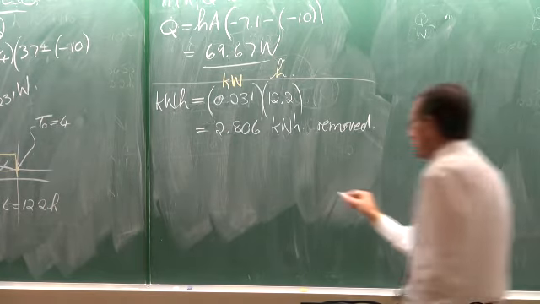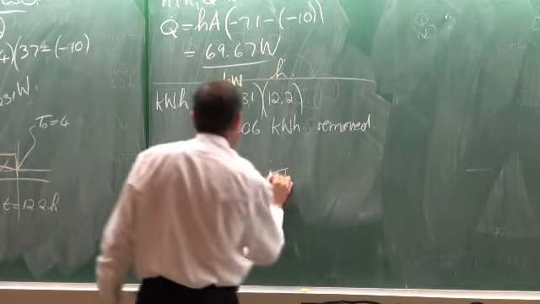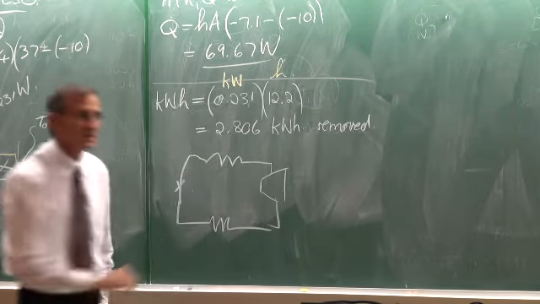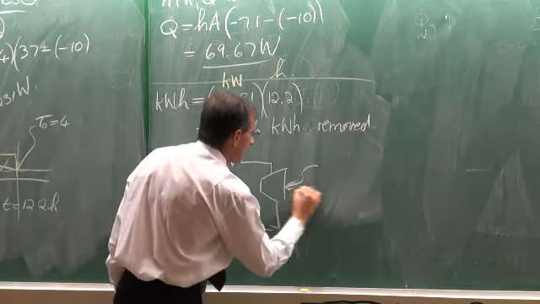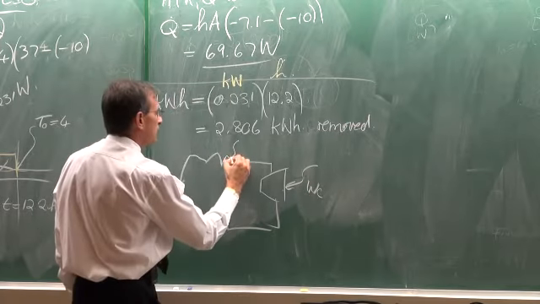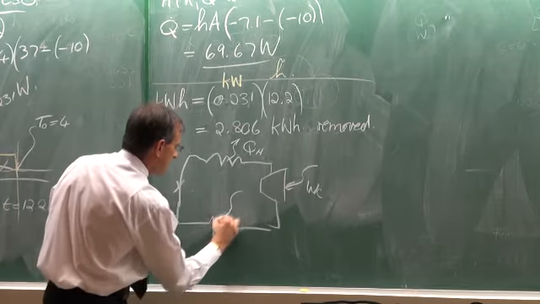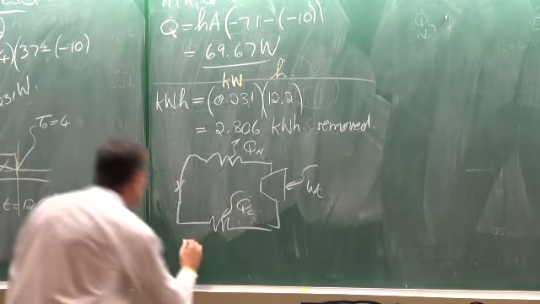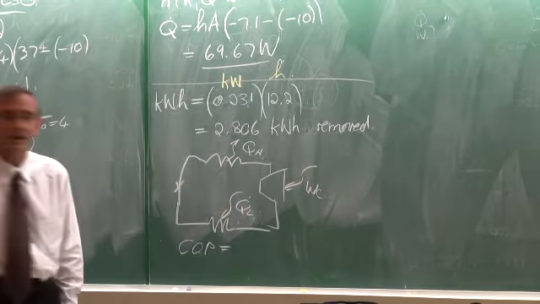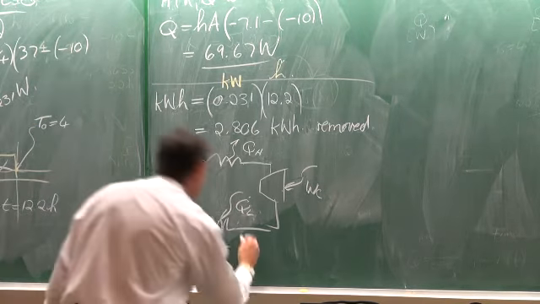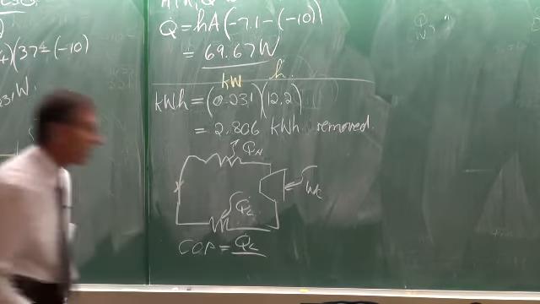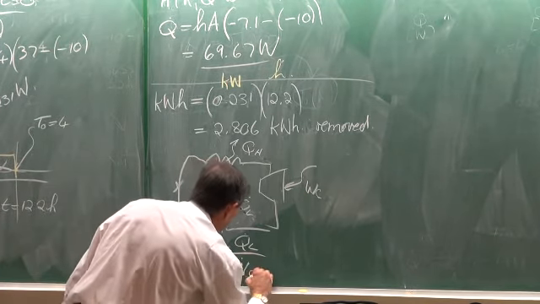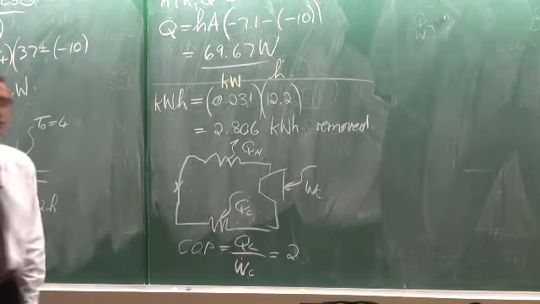Okay, now I don't know if you can still remember the thermodynamic cycle for the vapor compression system. It has a compressor. Okay, the heat of the condenser, QH, and that is QL, the heat transfer rate to the evaporator. And the COP, the coefficient of performance, would be the amount of heat transfer, which is QL, divided by the energy we pay, which is that for the compressor, which I've said is equal to 2.